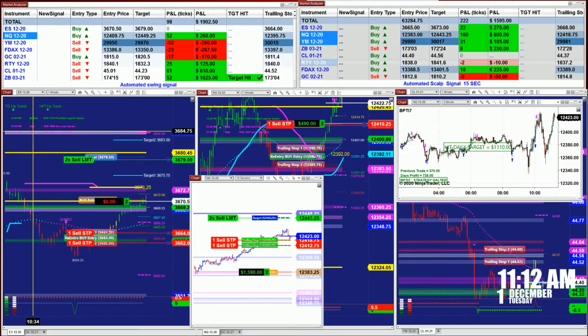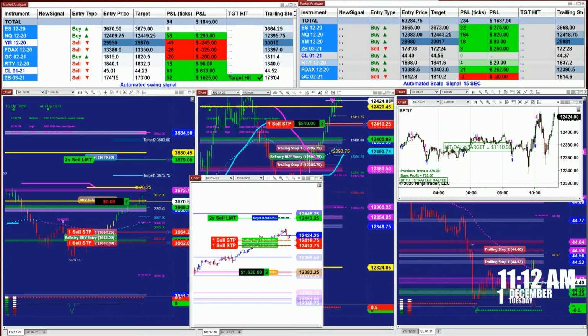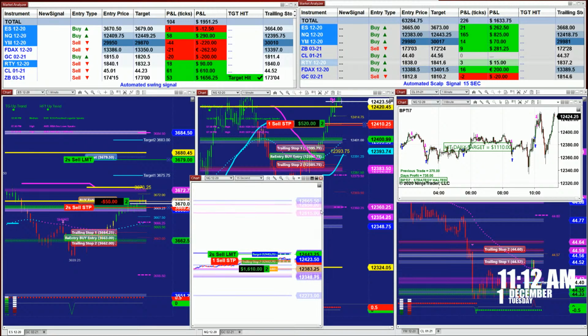The auto trade took an ES trade, but there is no trade on the ES, guys. The new signal on the ES, you should not take it. It's done for today. There are no more trades. This is the last trade here on the Nasdaq.